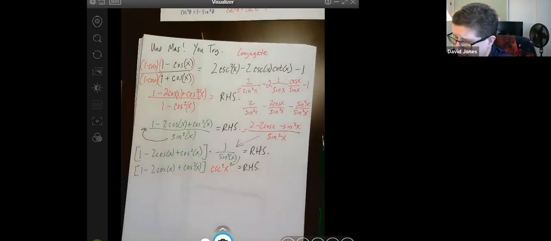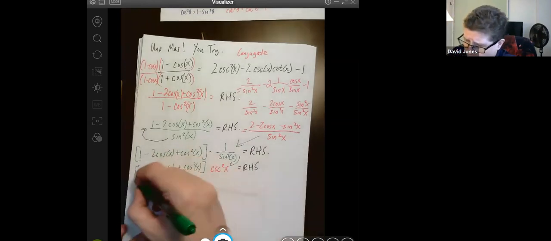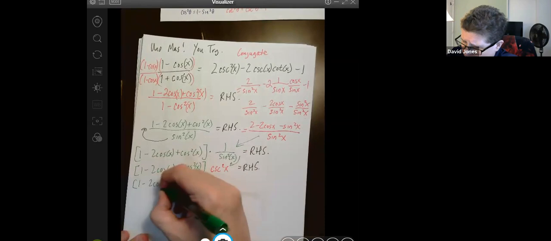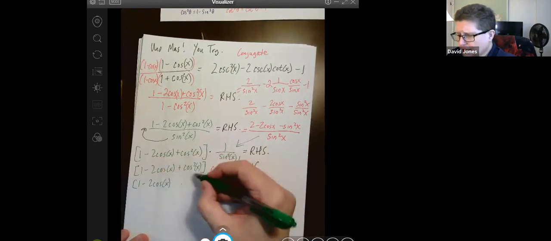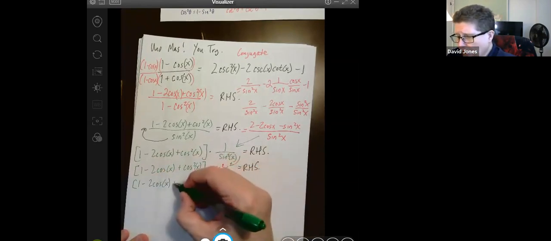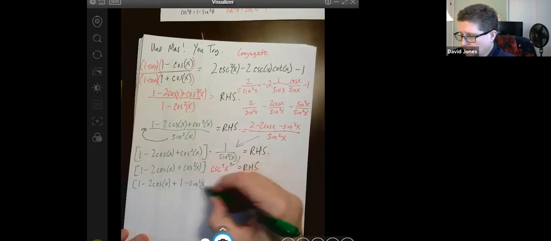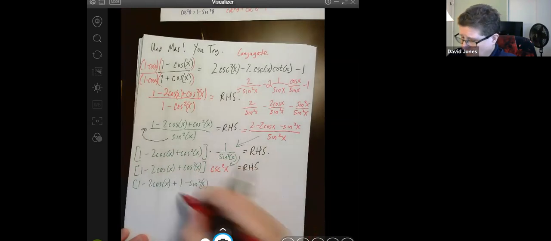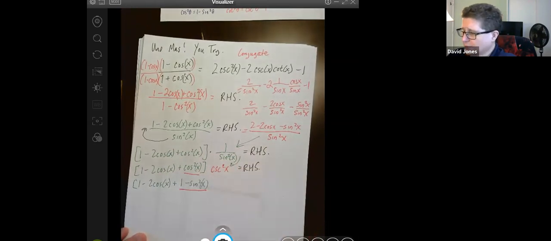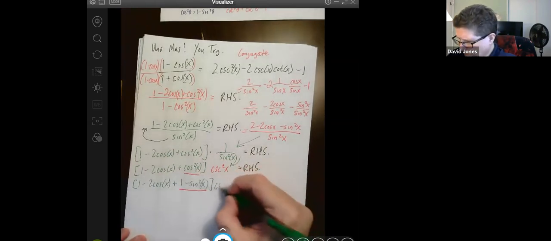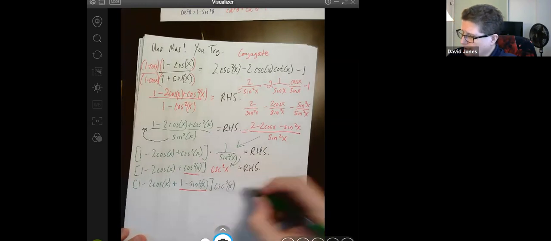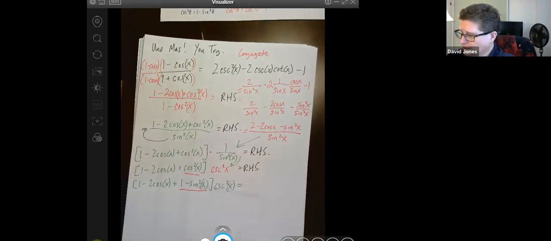Let's change this. 1 minus 2 cosine x, cosine squared x is 1 minus sine squared x. So that's the replacement I'm making. And that equals the right-hand side.